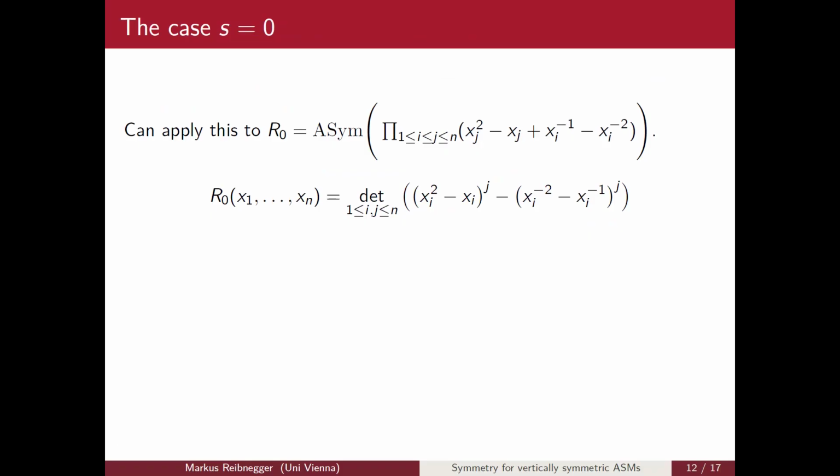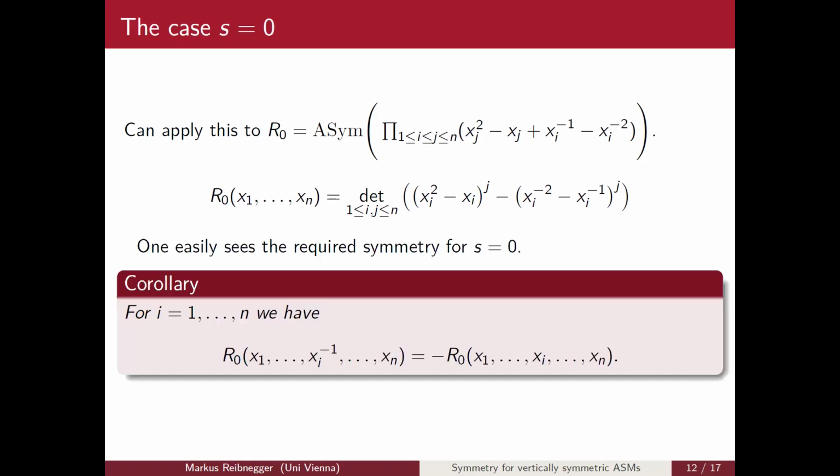And from this form, it's very easy to see the symmetry that we want. If you replace xi by xi inverse, you just exchange the role of the two parts of the difference. And so everything that happens is a sign, which is what we wanted to show in the case s equals 0. Okay, very simple.